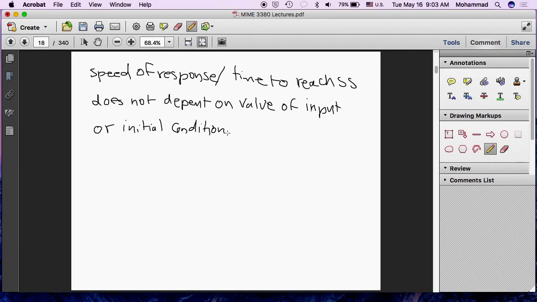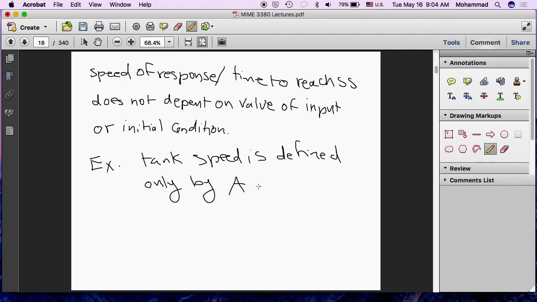So in the case of the tank, it depends on values of A and C. So in the example for the tank, speed is defined only by A and C and not by H naught or Wn.